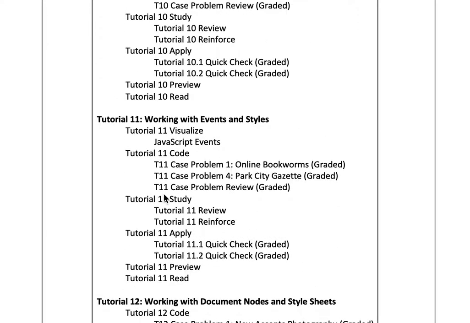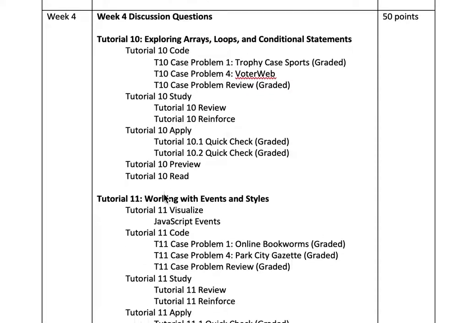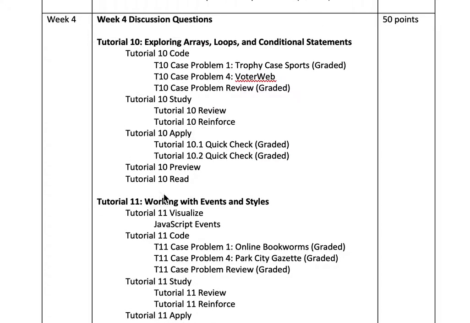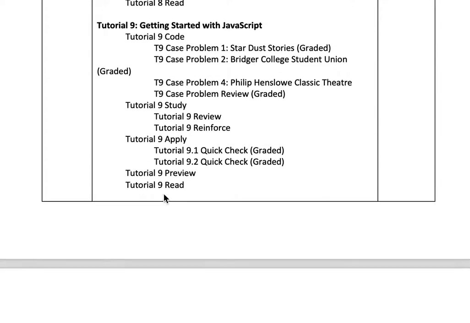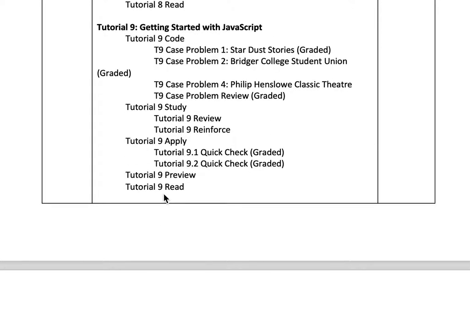But you'll see we're starting to get a little thicker into the coding aspect, because in week 3, if I scroll up here, tutorial 9 is getting started with JavaScript. Now JavaScript is a scripting language, and there are a lot of similarities with basic Java, because Java can get real thick and heavy.